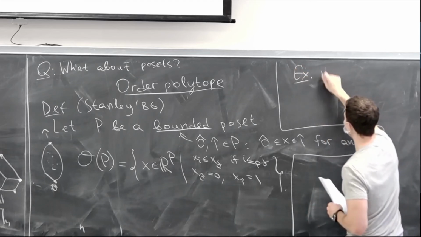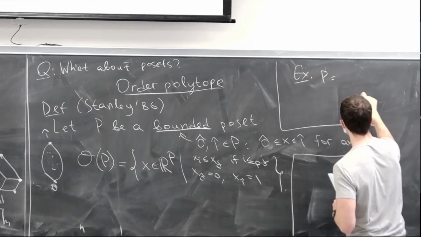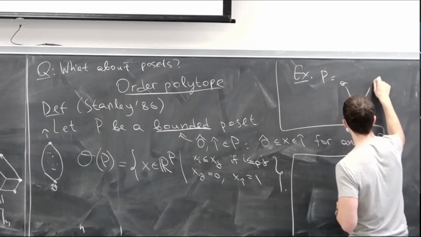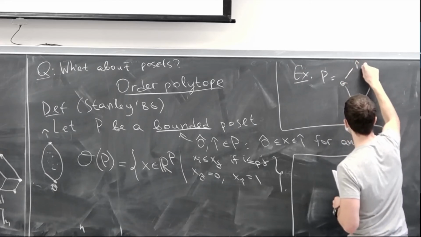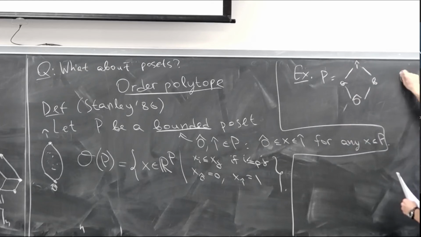So for example, let's try a few examples. Let's say P looks like this: 0 hat, A, B, 1 hat. What is the order polytope?